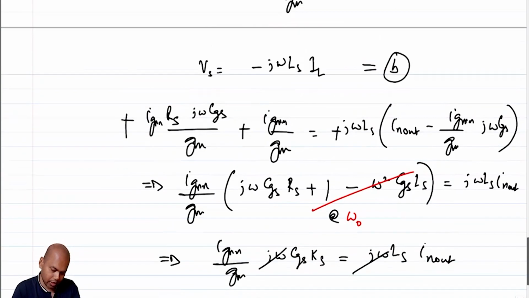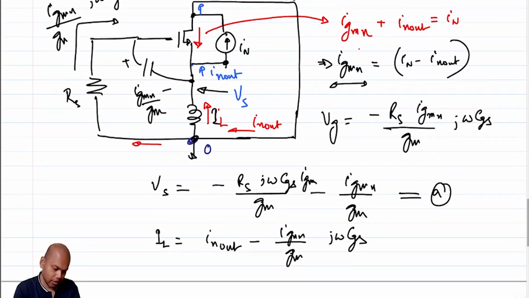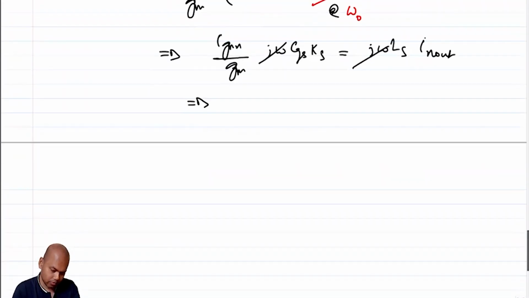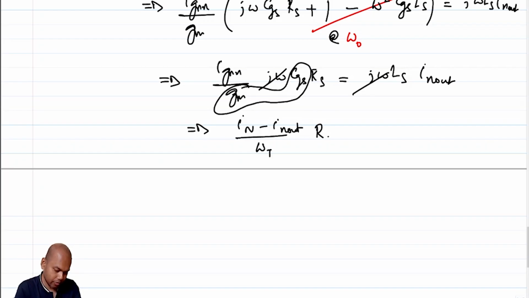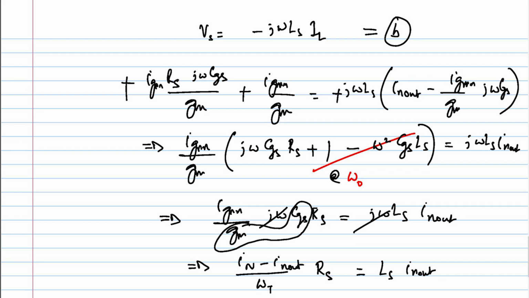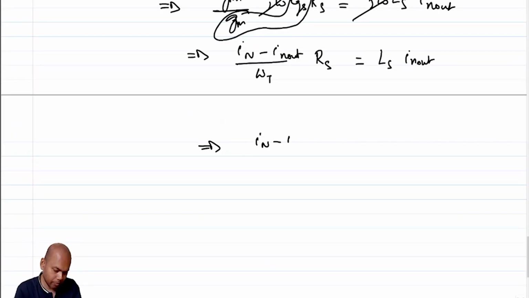So now I can replace the IGMN. What was IGMN? It is IN minus IN out. So this becomes IN minus IN out over GM. And this GM over CGS is essentially omega T. So I will keep it as omega T times RS is equal to LS IN out, right? So this becomes IN minus IN out is omega T LS over RS times IN out.